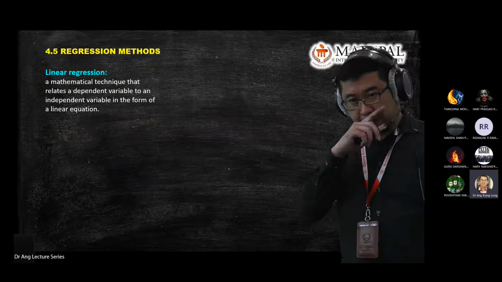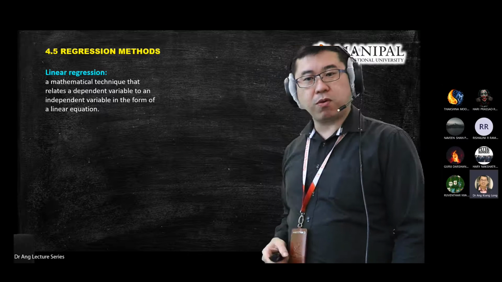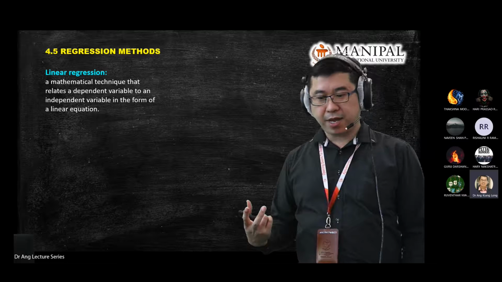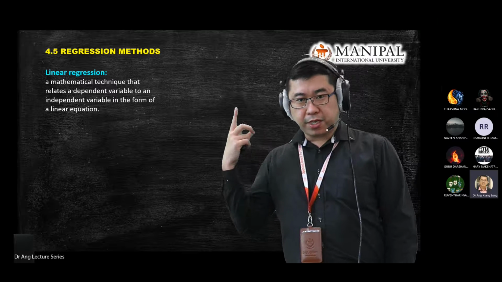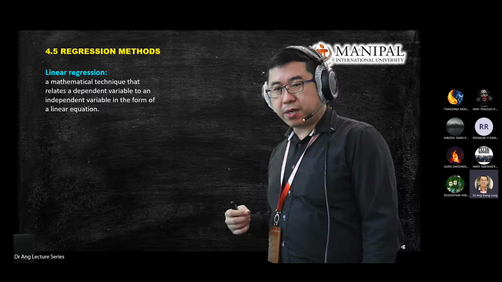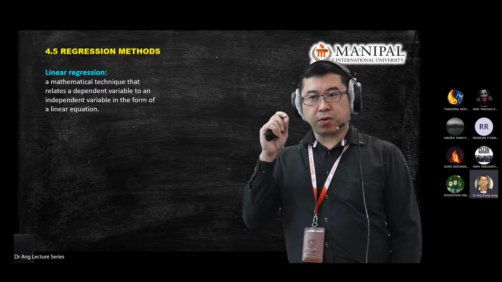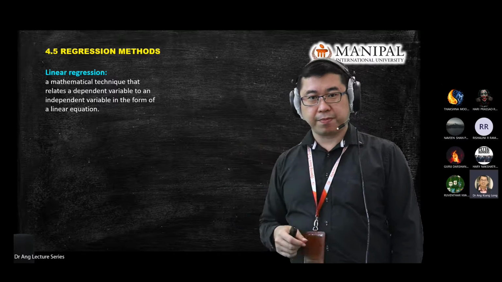All right. The next one we call the regression method. This one is also popular in Excel if you use Excel to plot graphs. This regression method is another way to tell you how close your forecast line or trend line is to your real data.